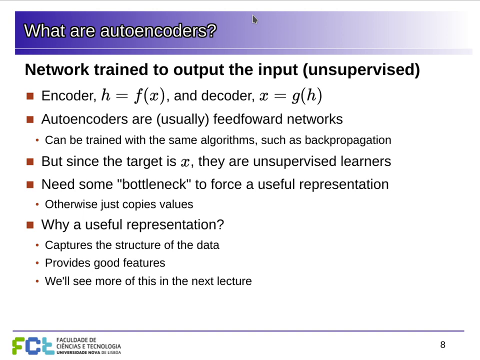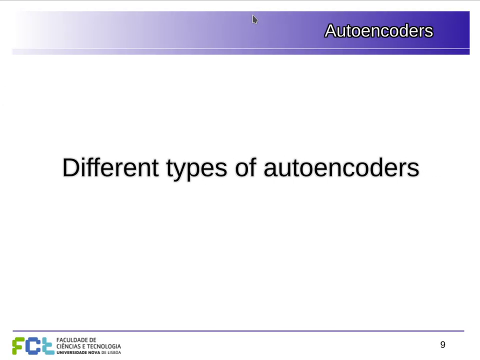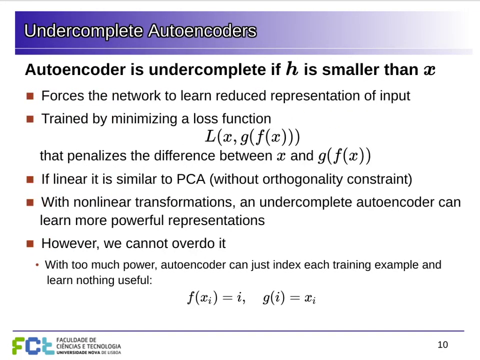We're going to proceed with that line of thought in the second hour. But this is also a fundamental idea for autoencoders. So let's see different ways of creating autoencoders in order to squeeze some knowledge out of the data, even with this kind of unsupervised learning.